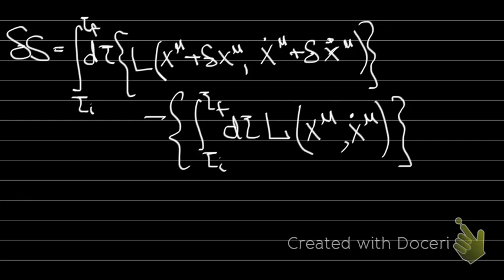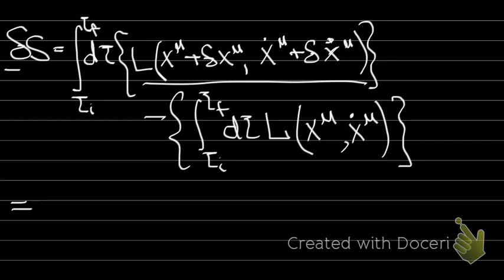Now the next step from here is that we could expand this Lagrangian function into the sum of the Lagrangian of the original path and the deviation terms as well. So let's go ahead and do that.